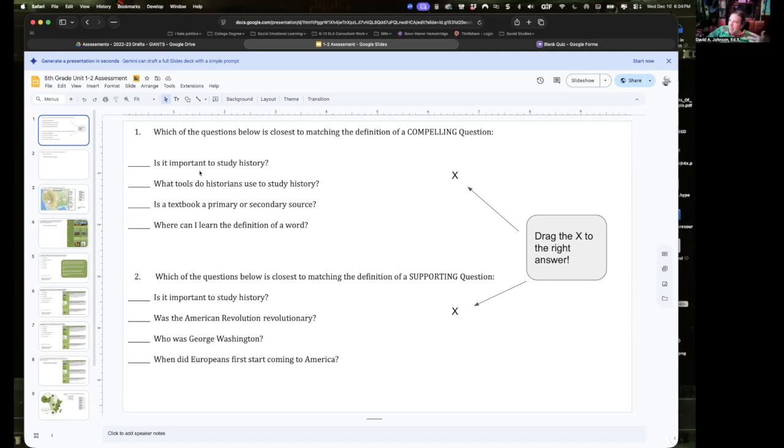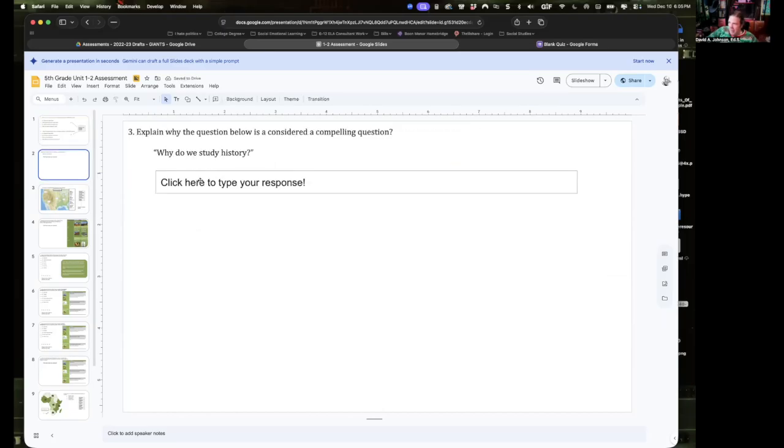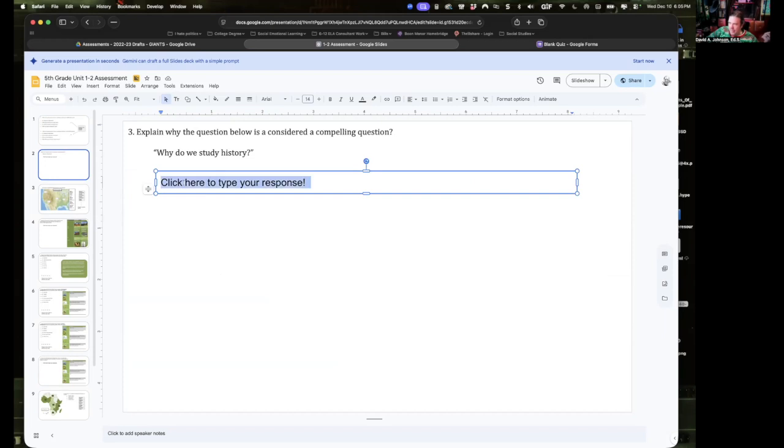So, how this is structured for your students: all of these are hidden as the background, so they can't actually change the question, but they can drag the X for a multiple choice question to the appropriate spots, so that you can go through and grade each one individually that way. I have to remember to drag this back, because this is the one that teachers will make a copy of. We have essay questions where it's click here to type your response.